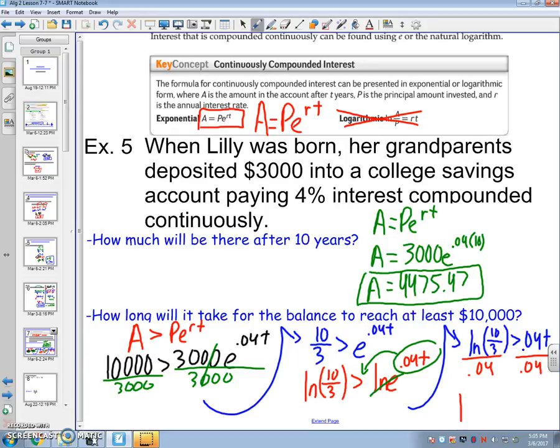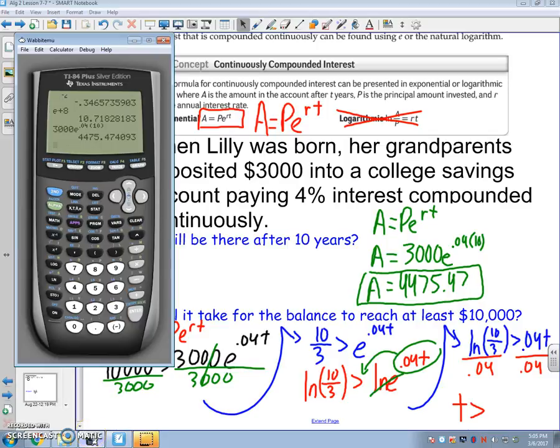I'll put it in my calculator. So t is less than some number. Greater than some number, my bad. It's ln of a fraction, 10 over 3. I'm going to divide it by 0.04.